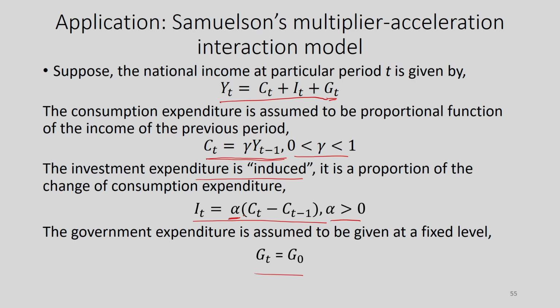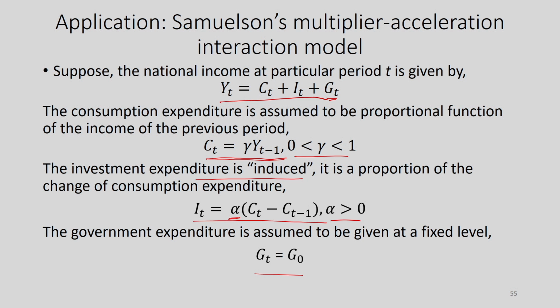Alpha is positive, and the logic I have just described to you is that as there is more consumption expenditure, more investment will be forthcoming. So, that is the reason why alpha is greater than 0. This is the reason why this model is called the multiplier acceleration interaction model.